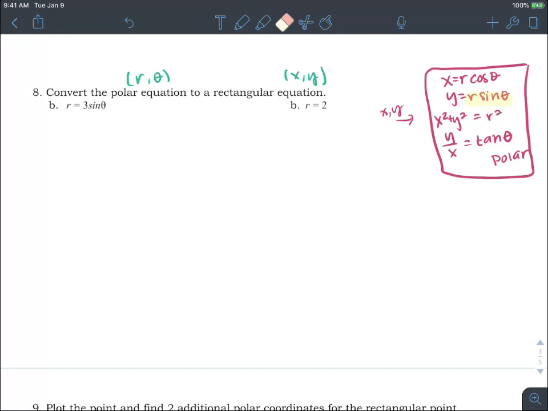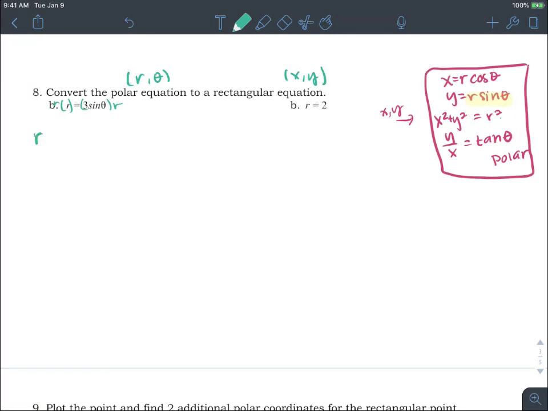Okay. So r equals 3 sine theta. I have nothing here that's just plain r, and I have nothing here that's just plain theta, but I have an equation that has r squared, and I have an equation that has r sine theta. So what if I multiplied both sides by r?